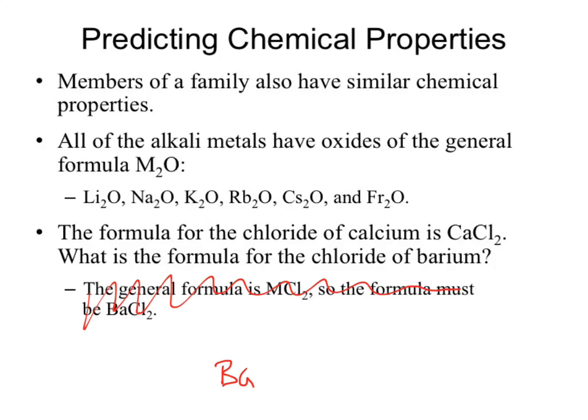So what formula might we expect for barium chloride? BaCl2. Because we know barium and calcium are in the same family, they will react similarly. Well, that was an easy one because we could cheat and it was on there.